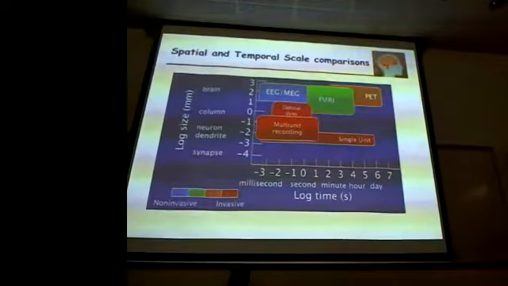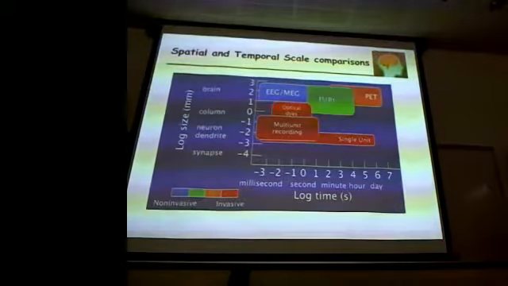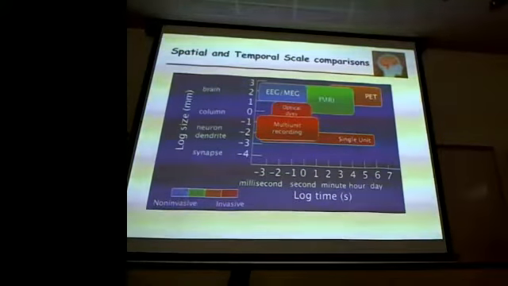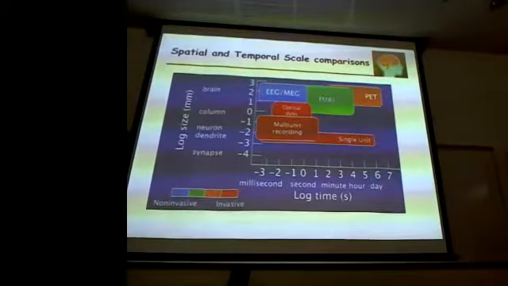PET is over here, so it's kind of out of the picture, also because it's more invasive than these two approaches. And all of these three things are invasive approaches. Obviously it would be great to get to a smaller spatial scale, but you can't do that non-invasively.